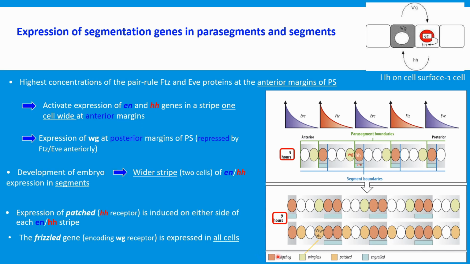Hedgehog is indicated by these orange cells. They express hedgehog. Wingless is expressed in these green cells here. Patched is expressed in these orange cells later on, it's not here. And engrailed expression is denoted by these boxes below the cells. So these 2 cells express engrailed, this 1 cell expresses engrailed.